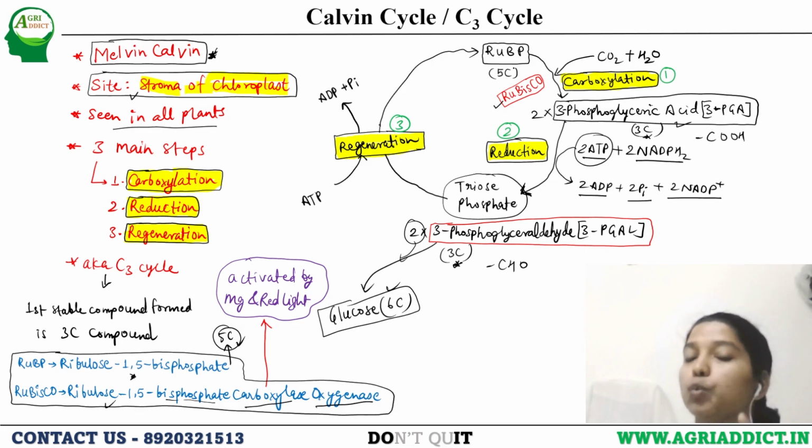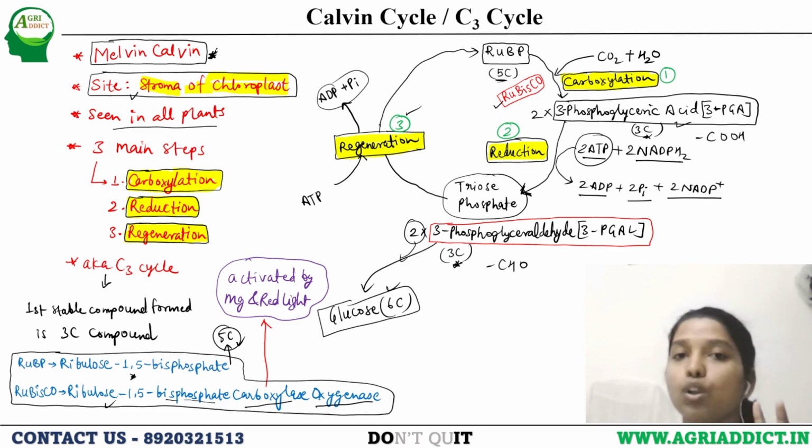To generate RuBP again, the third process is there, regeneration. Here again one ATP molecule is required, converted into ADP and inorganic phosphate. The one 3-PGAL molecule which is left is converted into RuBP, a 5-carbon compound.